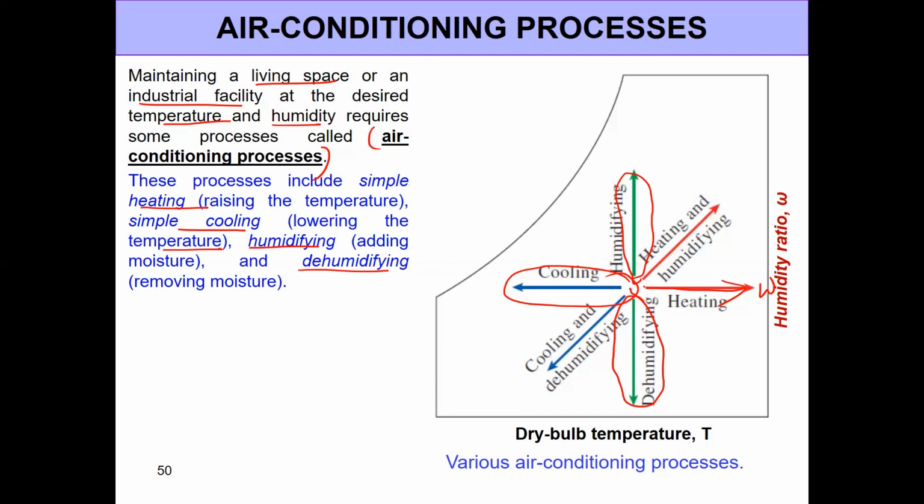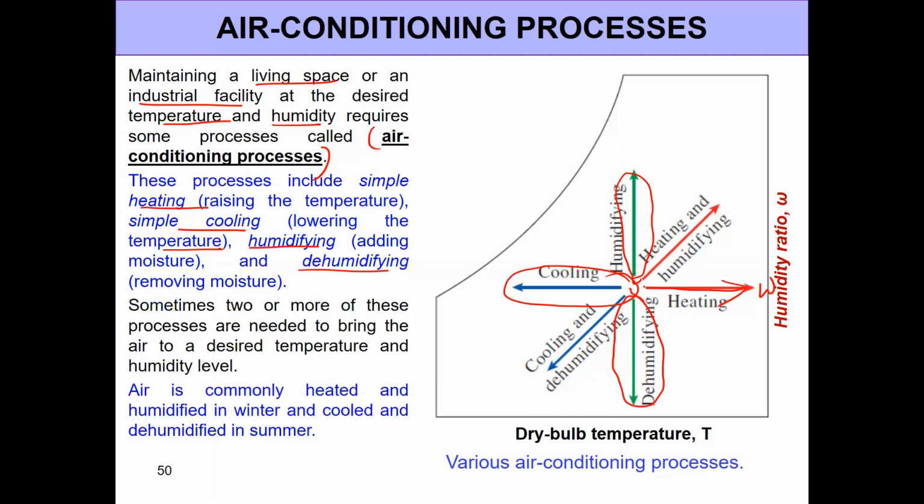Of course, we can use combinations of them. The two combinations that are used very commonly are heating with humidification, as shown here in this red line, and cooling with dehumidification. There is an obvious reason why we would want to heat and humidify, or cool and dehumidify, and it comes from the fact that the air in the environment is typically cold and dry in winters.